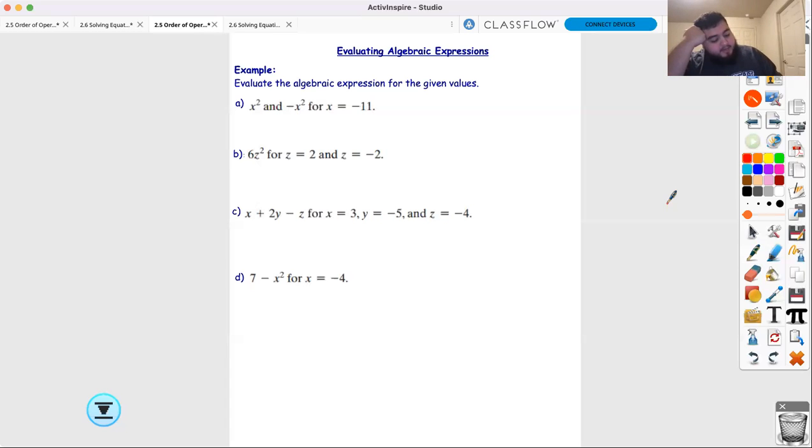In this example, guys, we're gonna be evaluating algebraic expressions. Evaluate the algebraic expression for the given values. For A, we're gonna do x squared and -x squared for x equals -11. B, 6z squared for z equals 2 and z equals -2. C, x plus 2y minus z for x equals 3, y equals -5, and z equals -4. And D, 7 minus x squared for x equals -4.